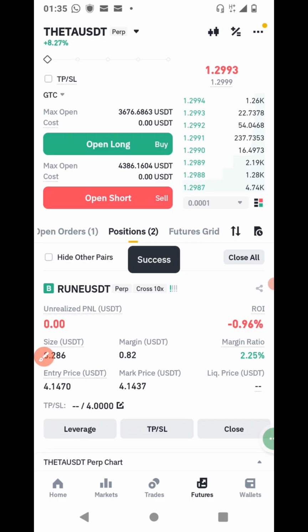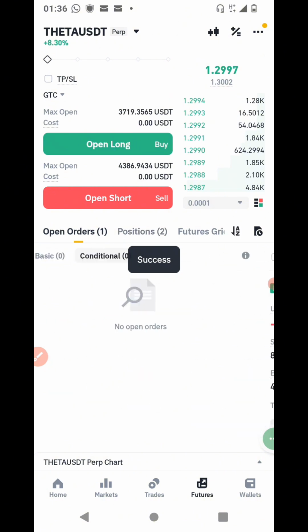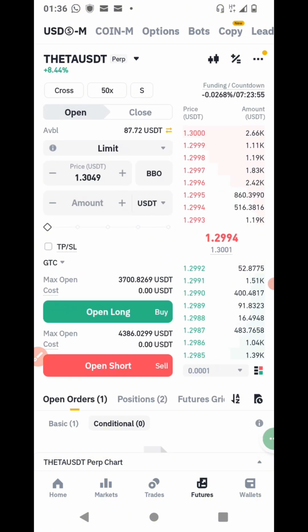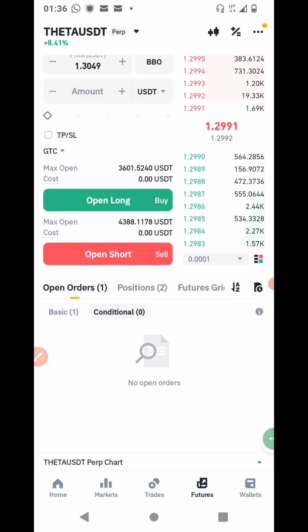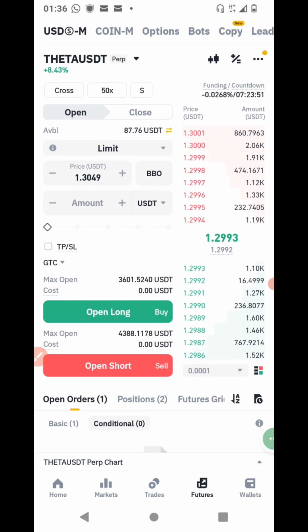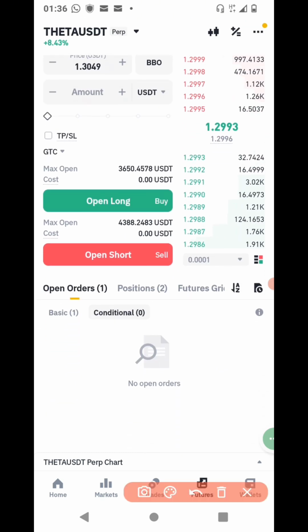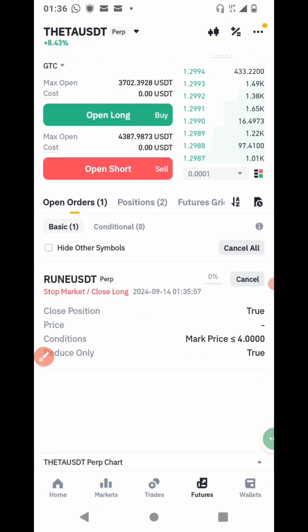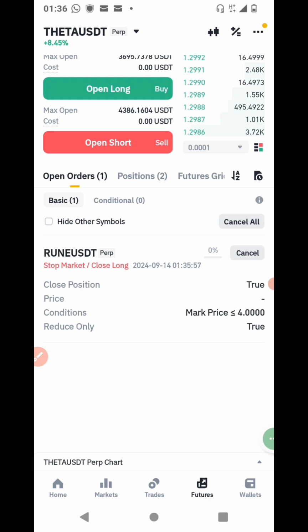I'll click on confirm, and when you come to open order, it's supposed to show up here as an open order. Okay, it is here, open order on Binance. Sometimes the robots you interact with do have stop losses on them as well.